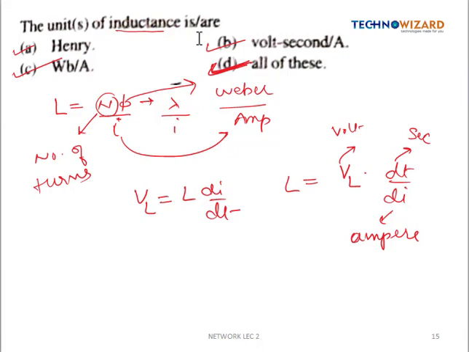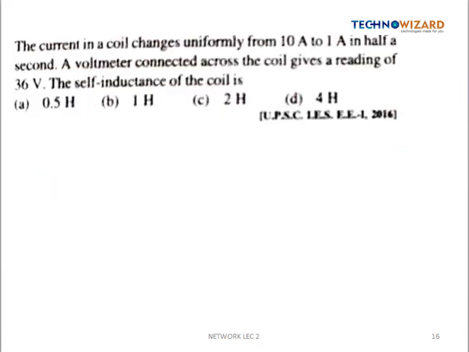Next question: the current in a coil changes uniformly from 10 ampere to 1 ampere in half a second. A voltmeter connected across the coil gives a reading of 36 volt. The self inductance of the coil is, okay, so we need to find the value of L. They have given us the voltage across the coil is 36 volt, right?